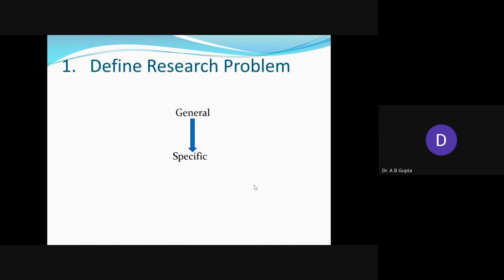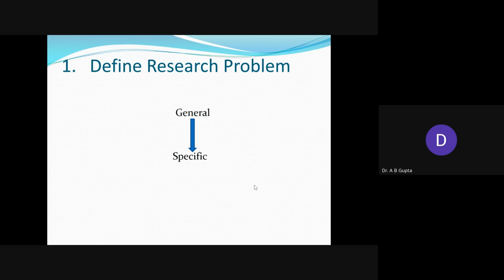When you are defining the research problem, initially, as I told you, the first step is that you formulate the problem, define the problem. So initially, you will be defining it in a very general way, and then you fine tune that definition.